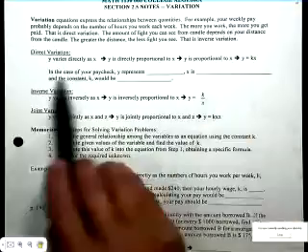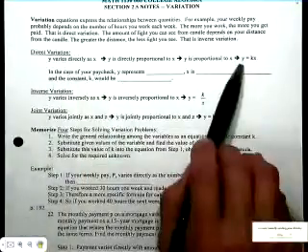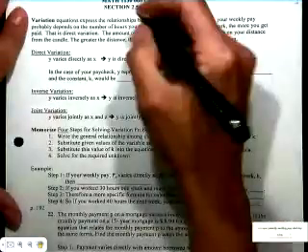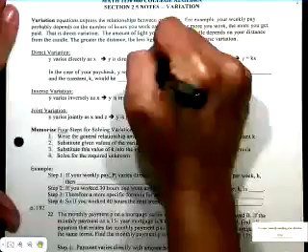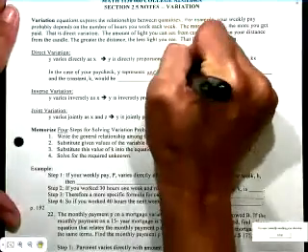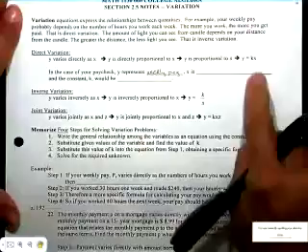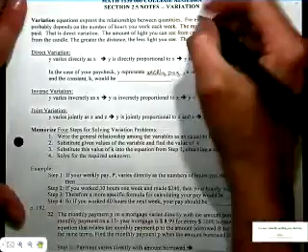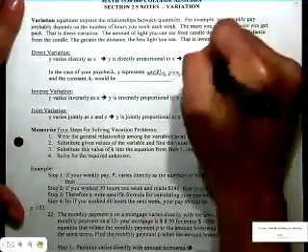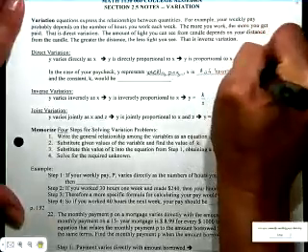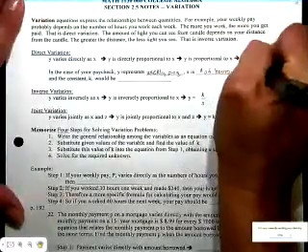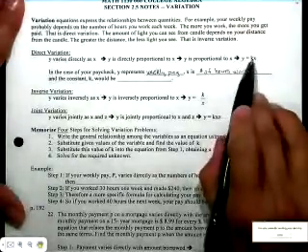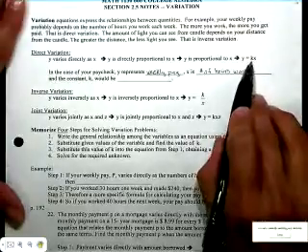In the case of your paycheck, y would be your weekly pay. And what would x be? Yeah, the number of hours worked. And if I said your pay is some constant times the number of hours you work, then what would that constant represent?